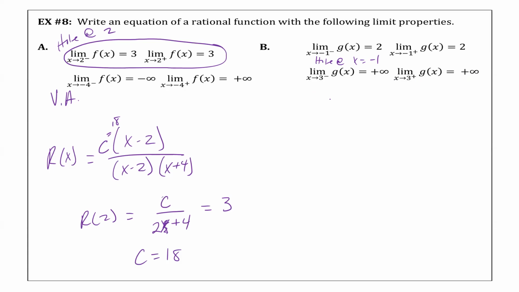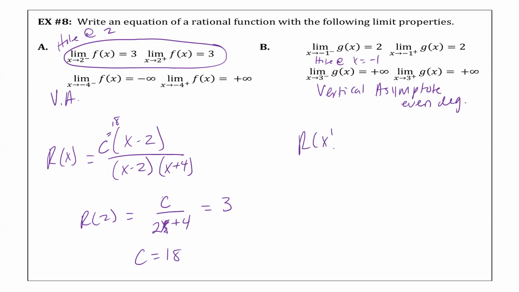So this lets us know that we have a vertical asymptote, and it's a vertical asymptote with an even degree. The reason it's an even degree is because my end behaviors are doing the same thing, okay?